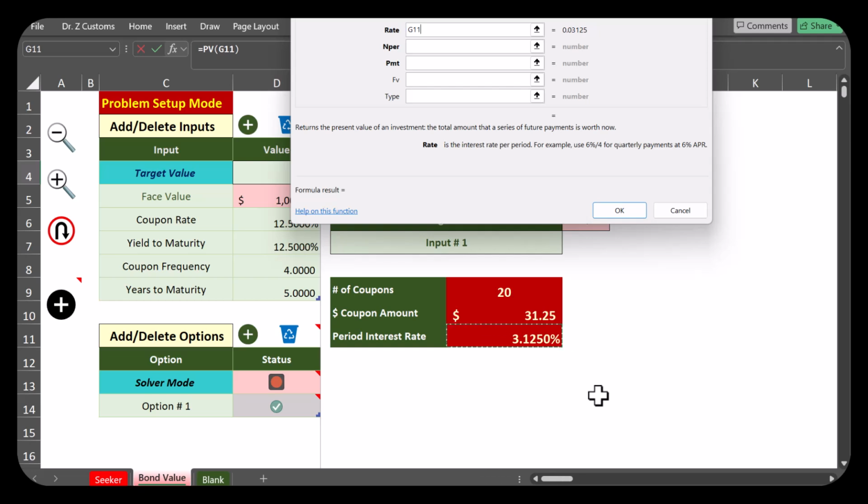How many periods are there? Number of coupons. What is the payment? Coupon payment. And that's my coupon amount. And FV is technically for final value, but in this case, that's also face value. That's D5.